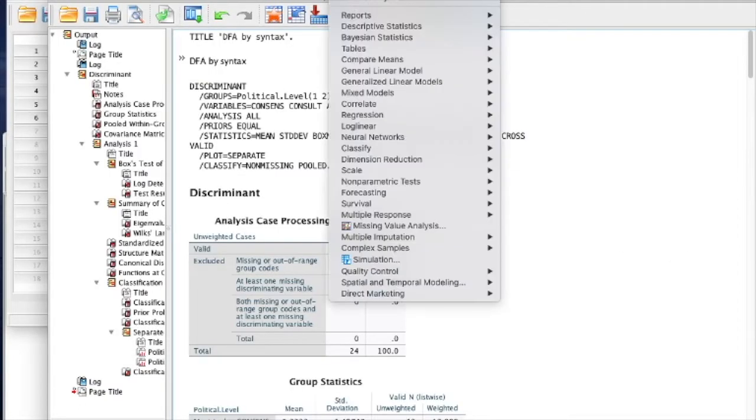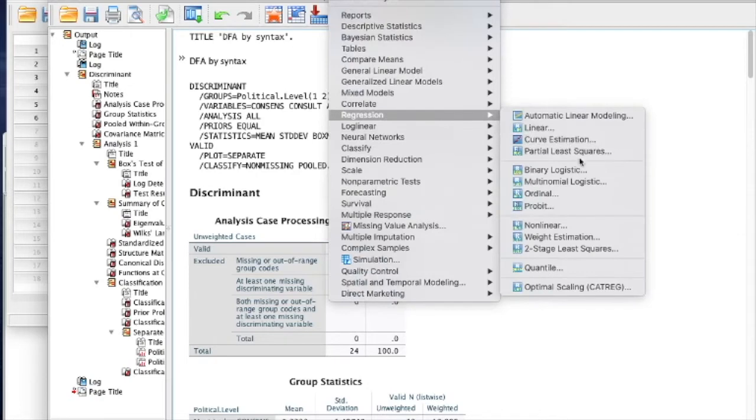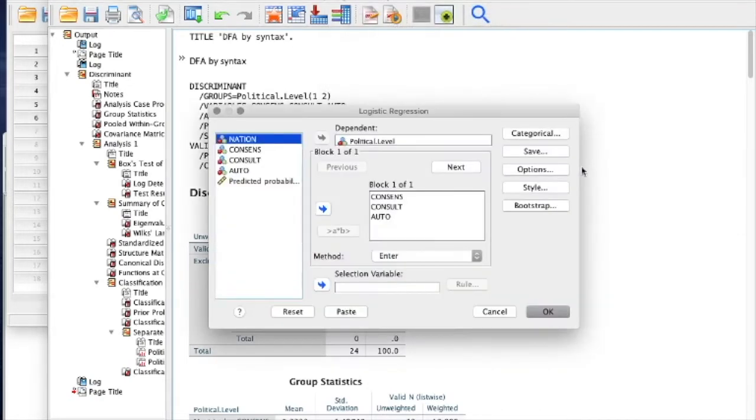So here, to run a logistic regression, we want to go to Analyze, Regression, Binary, Logistic. So in the dependent, we're putting political level, then consensus, consult, and auto into the block, just using the enter method. Remember, this is just essentially a regression.